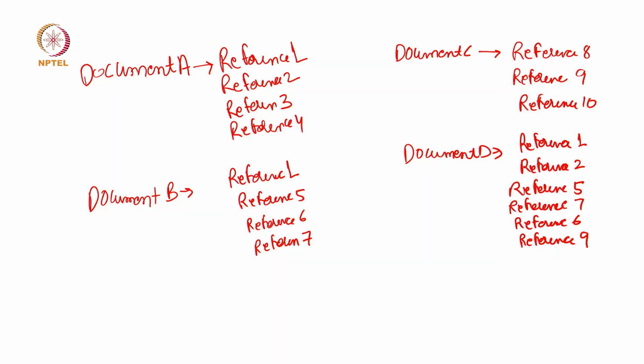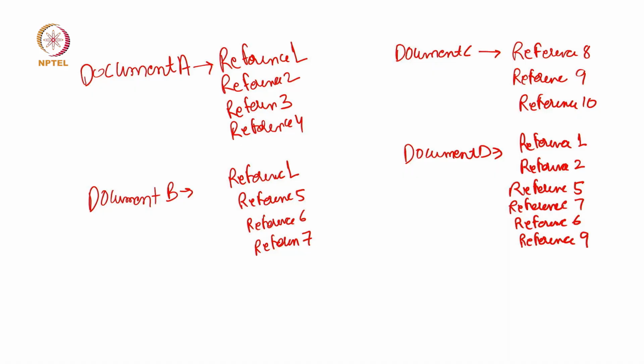What this case is saying is that document A is a published document which has 4 references. Document B has another 4 references: reference 1, reference 5, reference 6, reference 7. Then we have document C which has 3 references: 8, 9, 10, and document D which has 6 references: reference 1, reference 2, reference 5, reference 7, reference 6, reference 9. All these 10 references are different.